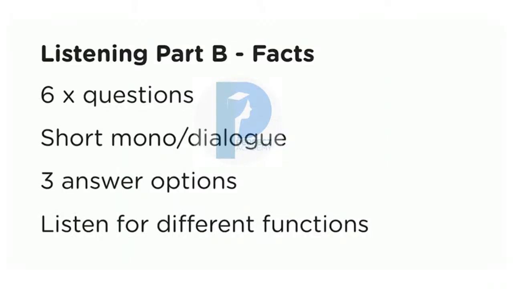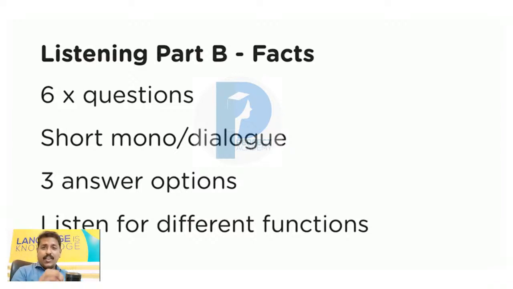In listening part B, there are 6 questions, and you have short monologues. Monologues means a person speaking not to someone in particular. There is no audience as such, but they are conveying some information. And dialogues are between two people.